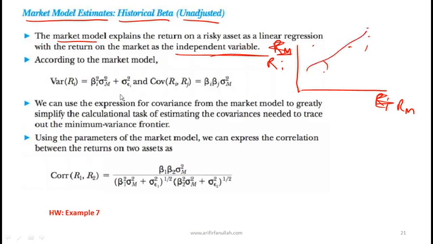Now we don't need to go into the derivation, but all we need to remember is this. Based on the market model, the variance of asset I is given by the beta of that asset squared multiplied by the variance of the market returns plus the variance of an error term. In the market model we also have to put in this error term.